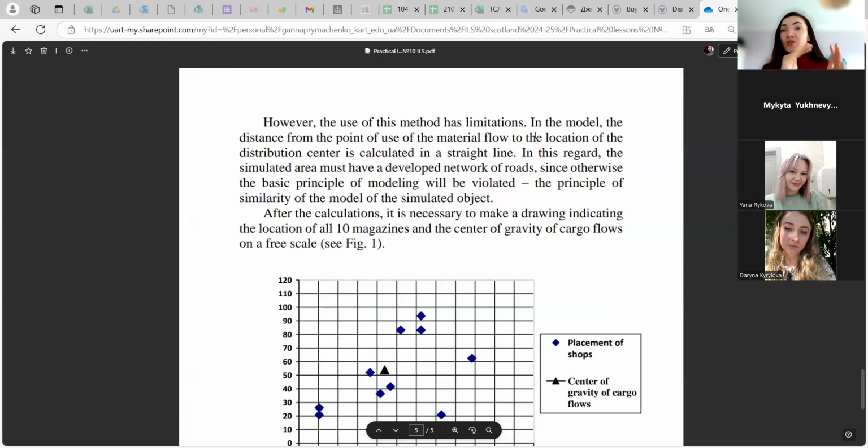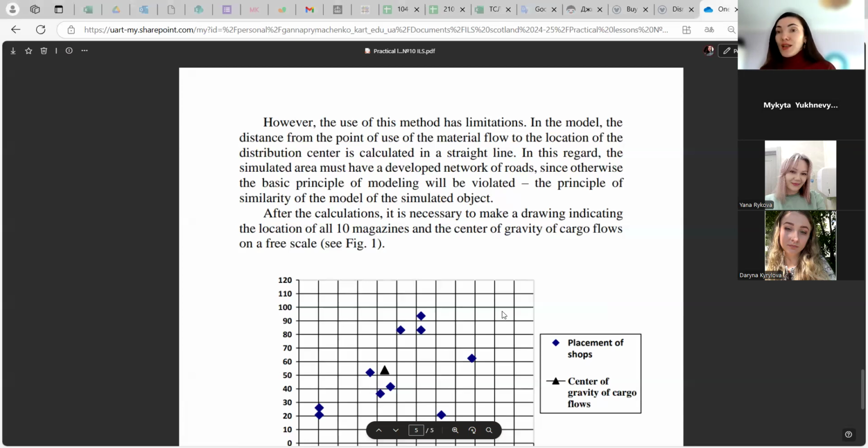So we find such mathematical methods. In this regard, the simulated area must have a developed network of roads, since otherwise the basic principle of modeling will be violated: the principle of similarity of the model to the object. So we used such different parameters.